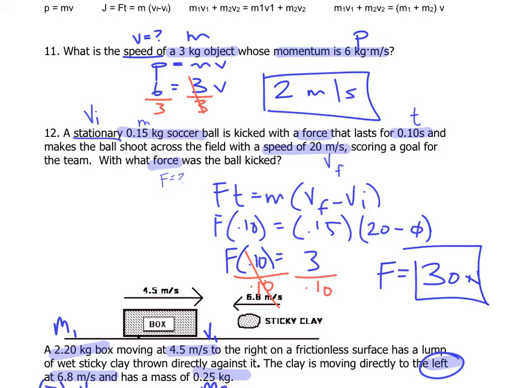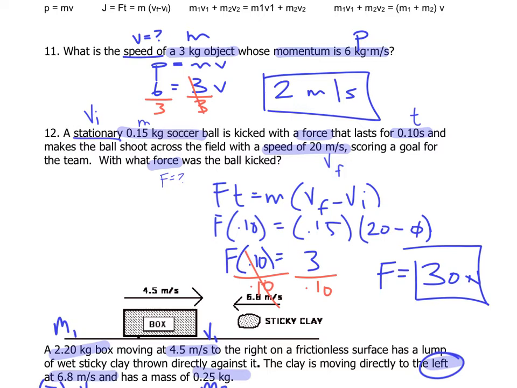So let's plug in everything that we know. I know that the mass of the box was 2.20 and it's moving at a velocity of 4.5 plus M2, the mass of the clay, was 0.25 times a velocity of a negative 6.8. When I multiply the mass and velocity of the box, I get a momentum of 9.9.